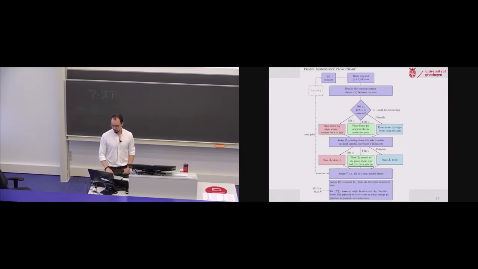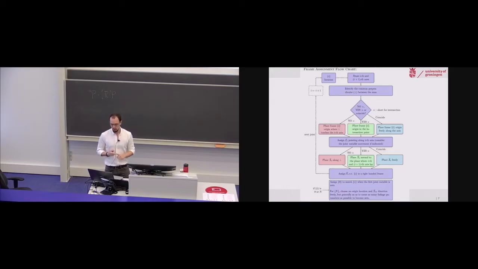You start with frame 1. You draw the I and the I plus 1 axis. So given 2 joints, you are going to draw the axes that go through the revolute or prismatic joints. Then you identify the common perpendicular between these 2 axes. And in this case, there can be 3 cases. Is there an intersection or not, or do they coincide?